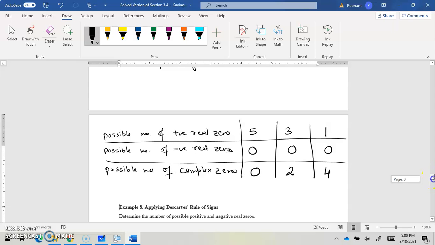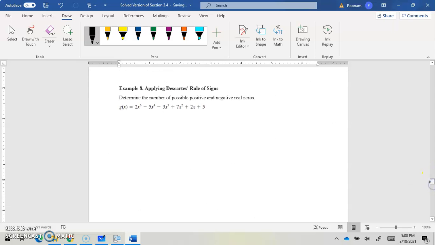Okay, let's do one more example so we can understand. Determine the number of possible positive zeros first. Let's try. Number of possible positive zeros. What do you have to check? You have to check change in the signs of the function. So from positive to -1, this is not changing. 2, not changing, not changing.